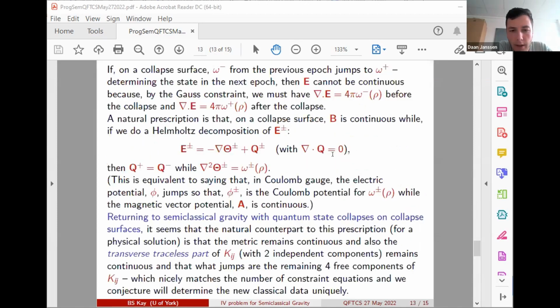Of course, the paper on this is just out as far as I understand, so I can't say I've read it, but am I right in saying that collapse and semiclassical gravity don't go well together because your stress energy tensor won't be conserved in some collapse?